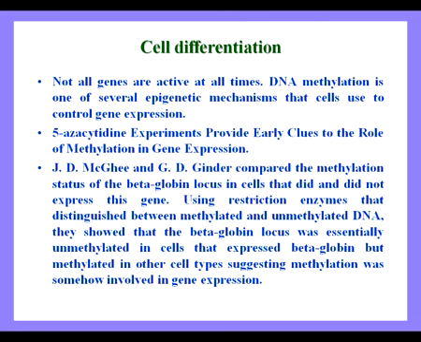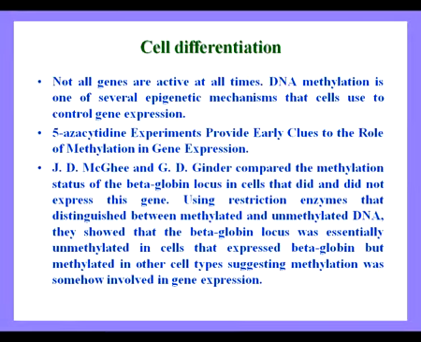Using restriction enzymes that distinguished between methylated and unmethylated DNA, they showed that the beta globin locus, this is important, was essentially unmethylated in the cells that were producing beta globin. In cells where the beta globin protein was not present, the gene was found to be methylated. We have already discussed that methylation leads to compaction of the nucleosomes, and demethylation leads to relaxation of the DNA.